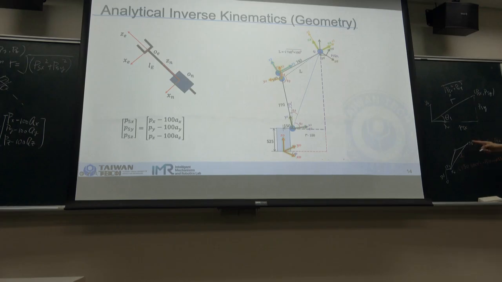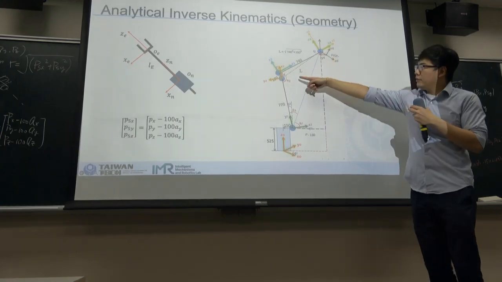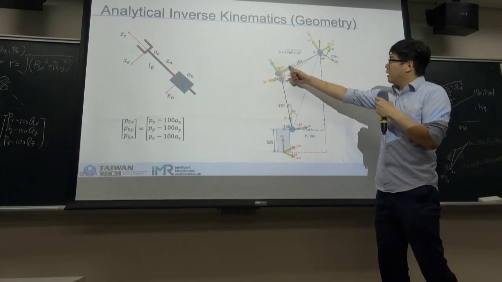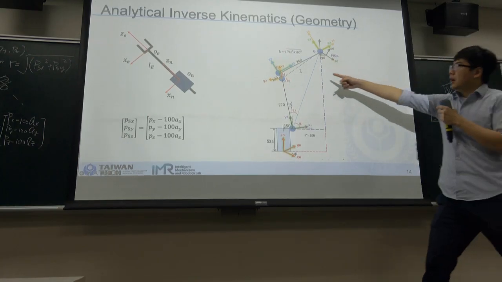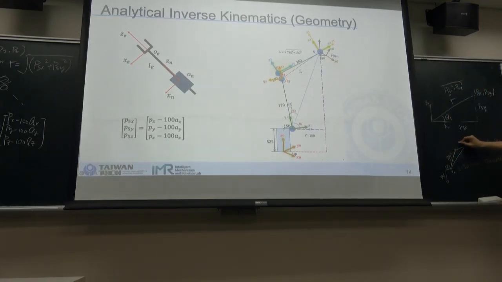So from this triangle, this one is the length of your second link, and also the length of your third link. So you can say here is 770, and this is 100 plus 740 squared, or we can call it L. So we can use the law of cosines to find this angle.